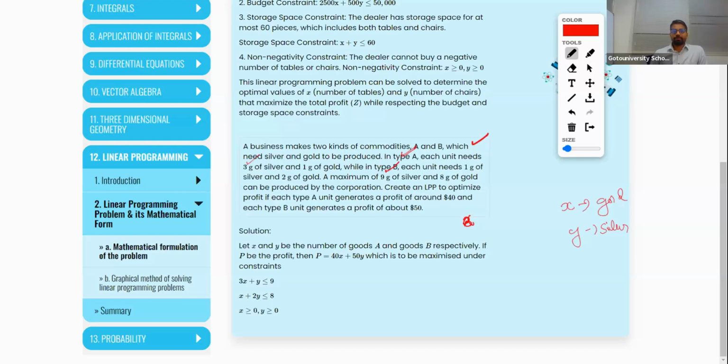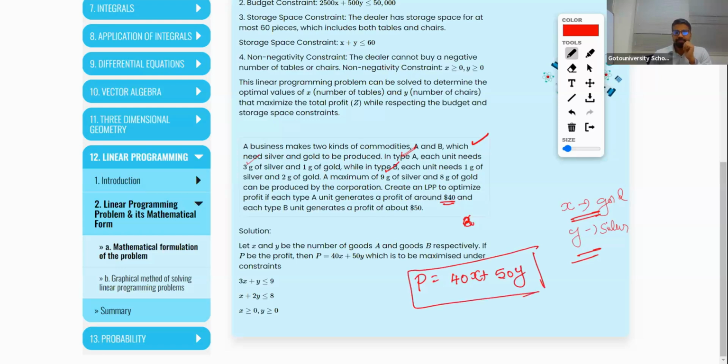Okay, so now our objective is to find the profit. So this is our profit part.